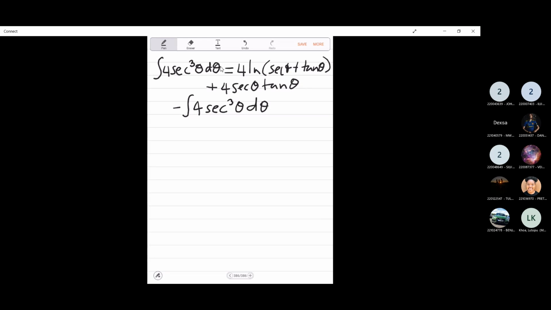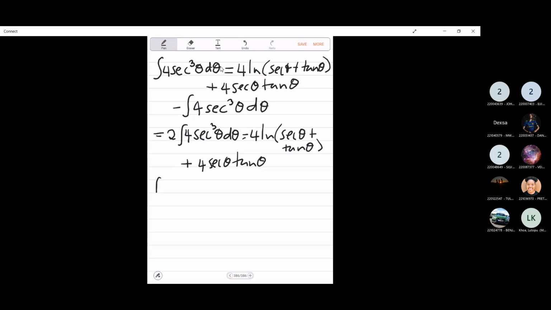So this is 2 times 4 sec to the power of 3 of theta d theta, which is 4 ln of sec theta plus tan theta plus 4 sec theta tan theta, and then we divide by 2.